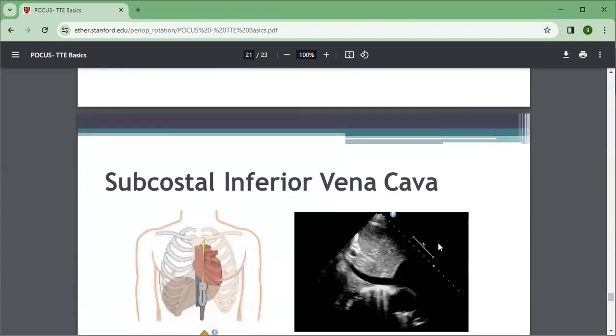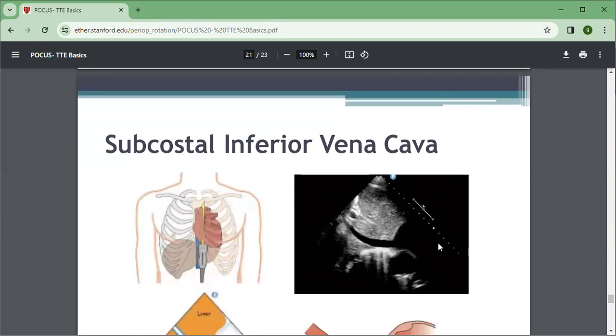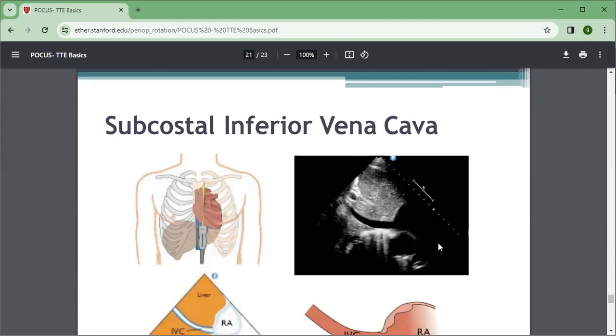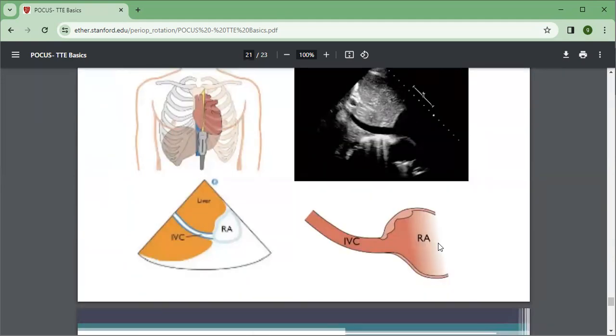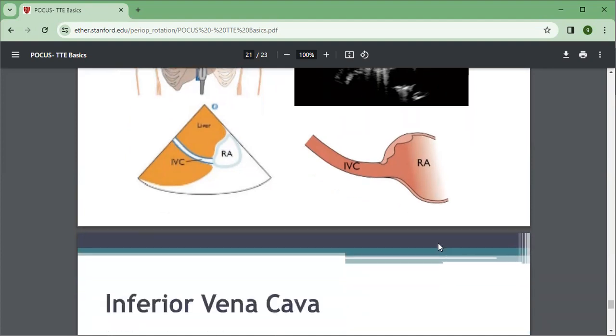You can see the inferior vena cava coming there, emptying into the right atrium. Then the part there is the liver, so you can see how it looks.